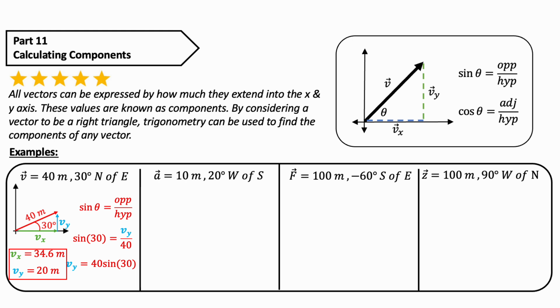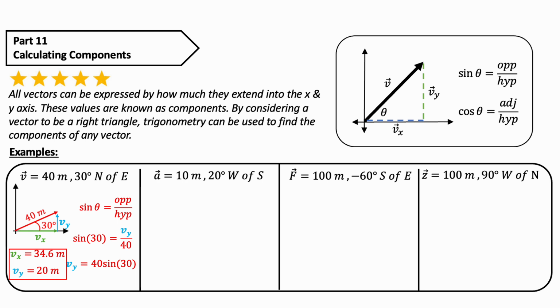We could get to the exact same position as, instead of walking along the hypotenuse at that angle, you could just walk 34.6 east and then turn and walk 20 meters north, and you get to the exact same spot. And that's really what components are. They're just along the axes. How far did we move to get to the same location?